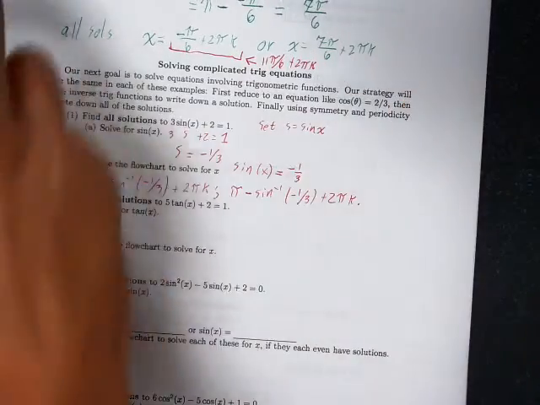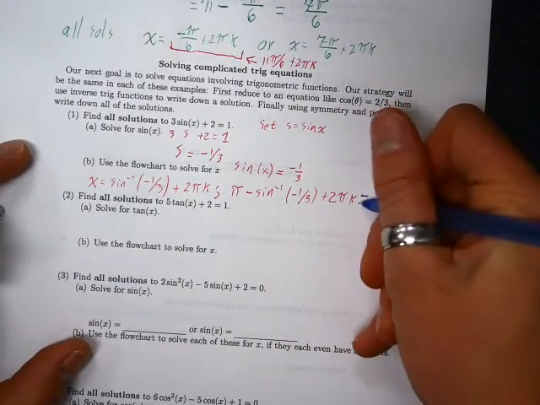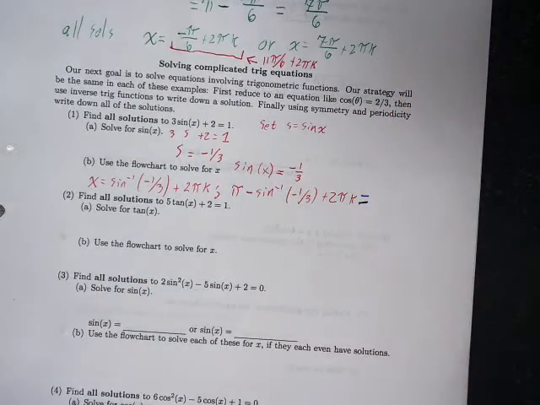So maybe I'll point out one simplification here. Inverse sine, is it even or is it odd? Picture the graph of inverse sine in your head for a second. Even or odd?